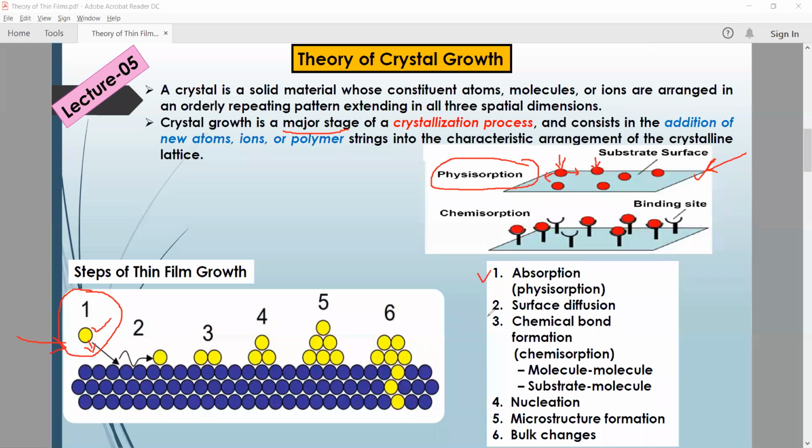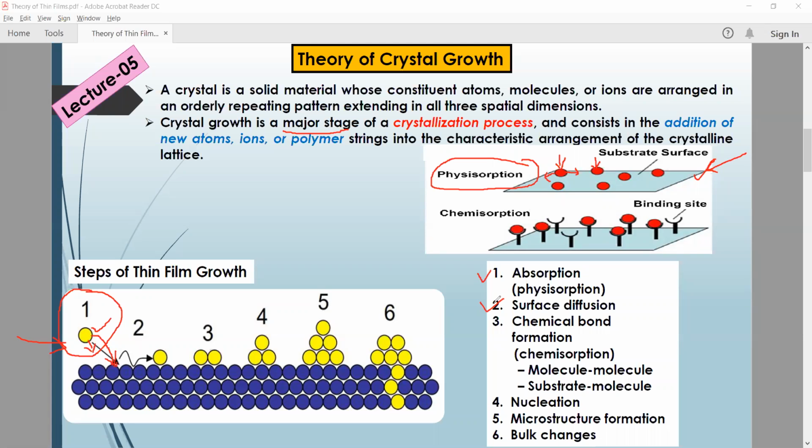Let's move towards the second point, that is the surface diffusion. It means how that absorbed atom was diffused onto the substrate. This number one atom, how can it be diffused onto that particular substrate? Before starting surface diffusion, we have to know the concept of diffusion.